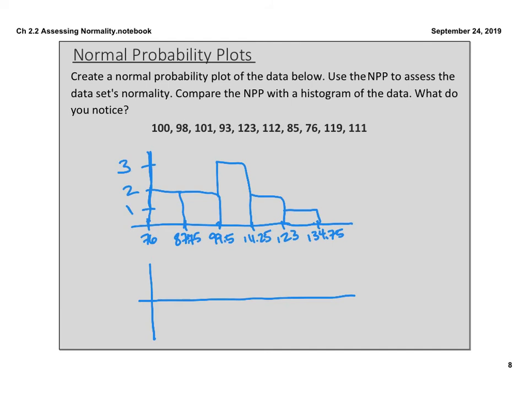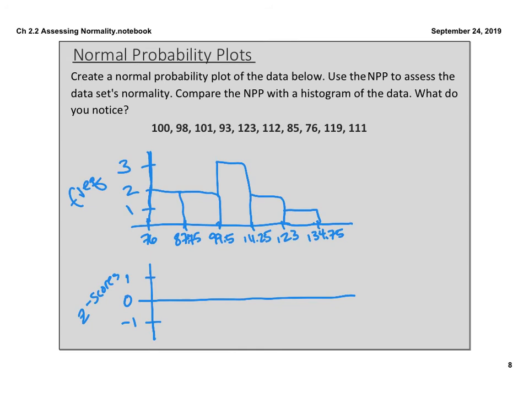So if this is my -1, this is your 0, so these are z-scores. I should put this as frequency up here. Okay, so this is 0, here's my +1. My lowest value is here at the 76.